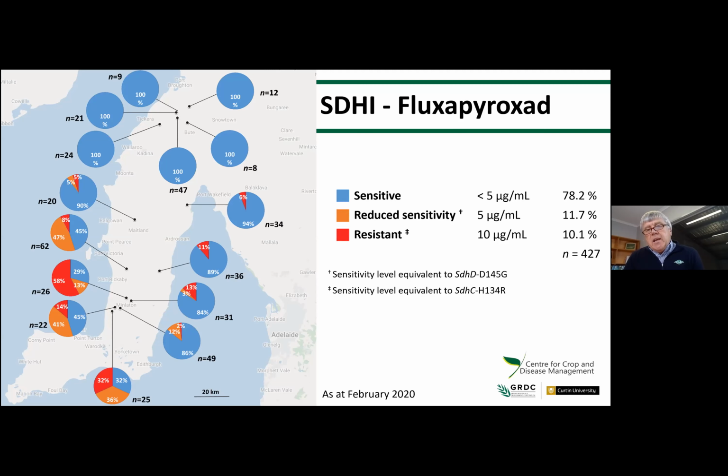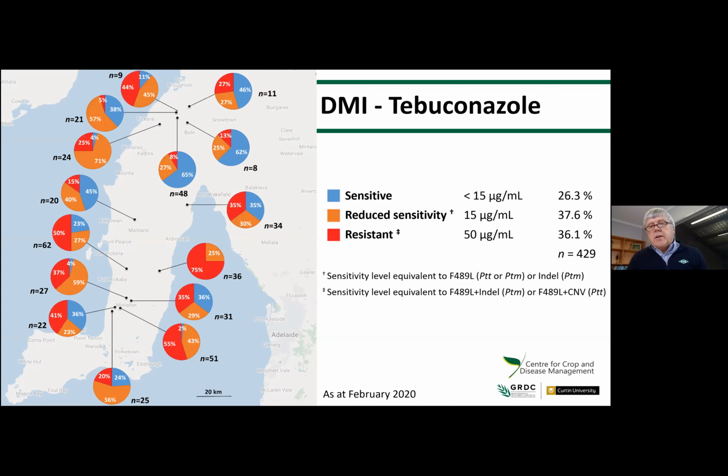You can see that the majority fall in this category of the Yorke Peninsula as having reduced sensitivity. However, around Minlaton, you can actually see a high proportion of the population that's actually showing resistance to fluxapyroxad.